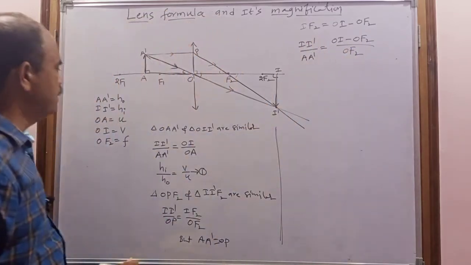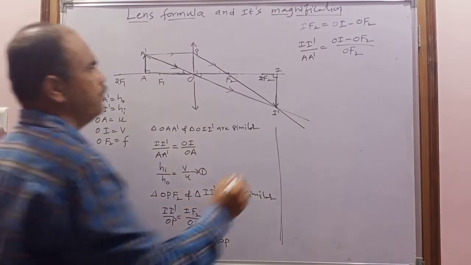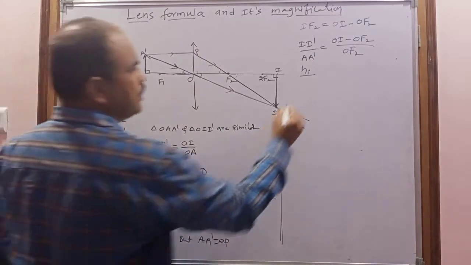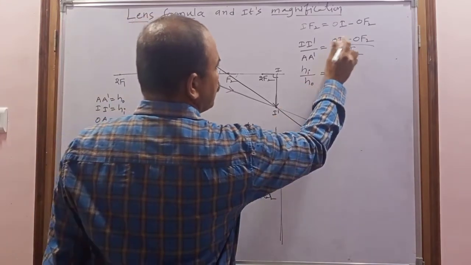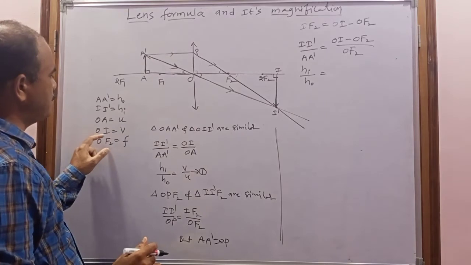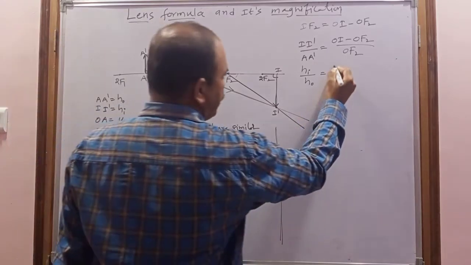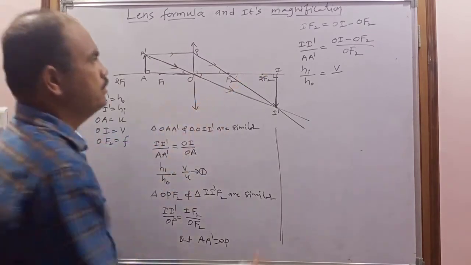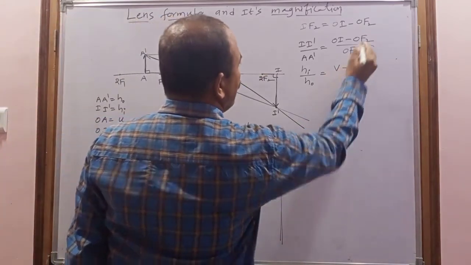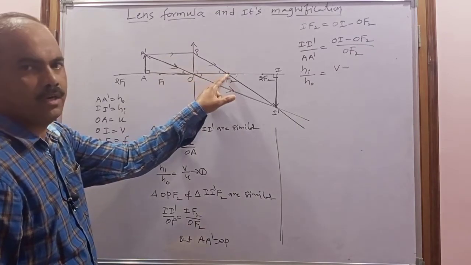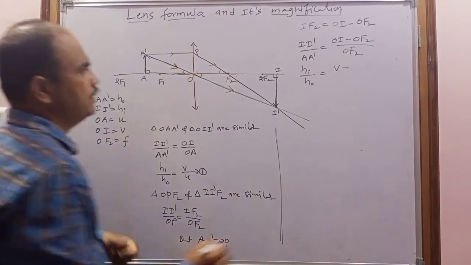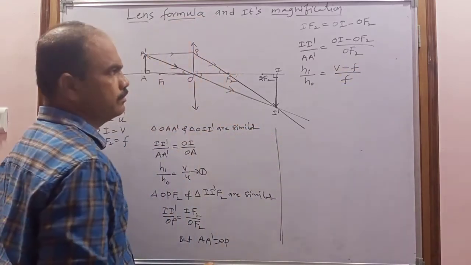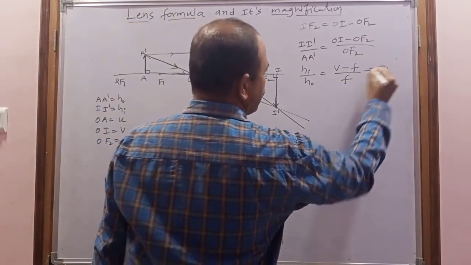But I' is nothing but the height of the image, A' is the height of the object, and OI is the optic center to image distance, which is the image distance. OF2, the optic center to second principal focus, is the focal length, and OF2 in the denominator is again the focal length. Now consider this equation 2.